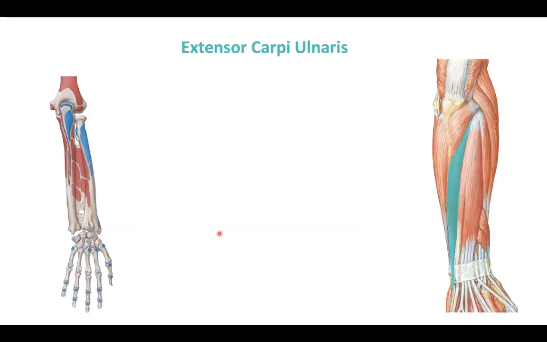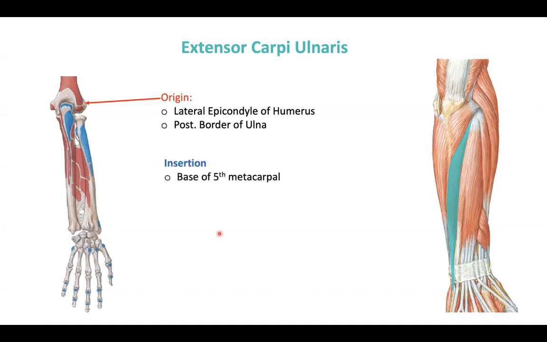The most medial muscle in the superficial layer is extensor carpi ulnaris muscle. Extensor carpi ulnaris has 2 heads or 2 origin sites. It originates from lateral epicondyle of humerus and the posterior border of ulna from here, and is inserted into the base of 5th metacarpal.